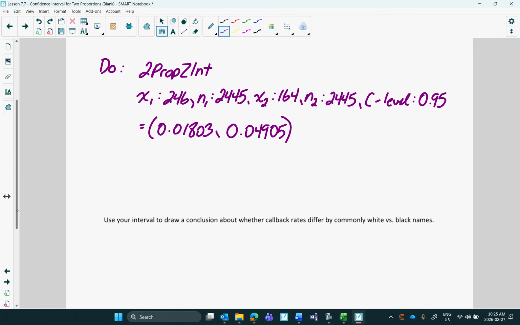And then, of course, we conclude, and I'm not going to repeat this whole thing again, but remember it starts with, we are 95% confident the interval captures the true proportion in the difference of callback rates between white and black names.